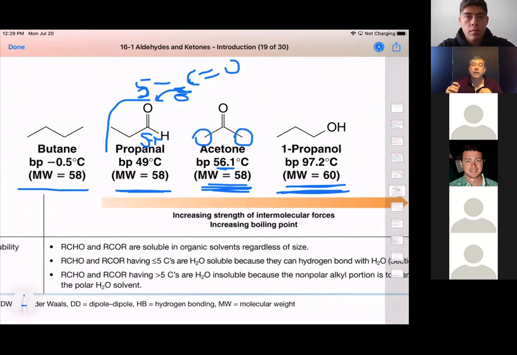Okay, and there's enough hydrogen bonding to get it to pull away and interact with the water to get it to dissolve. But over 5 carbons, they tend to be insoluble in water because the nonpolar tail tends to take over. That nonpolar interaction with the alkyl chain tends to break apart what little hydrogen bonding you have, and it tends to become insoluble in water.